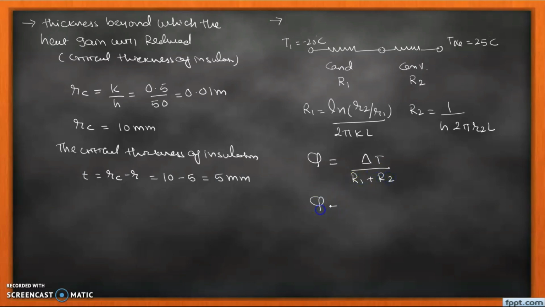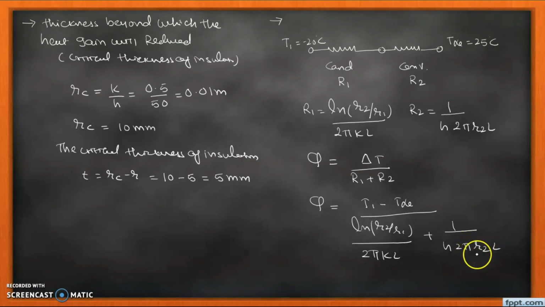So we get the general equation for the heat gain: Q equals (T1 minus T infinity) divided by [ln(r2/r1) upon 2 pi k L plus 1 upon h into 2 pi r2 into L].